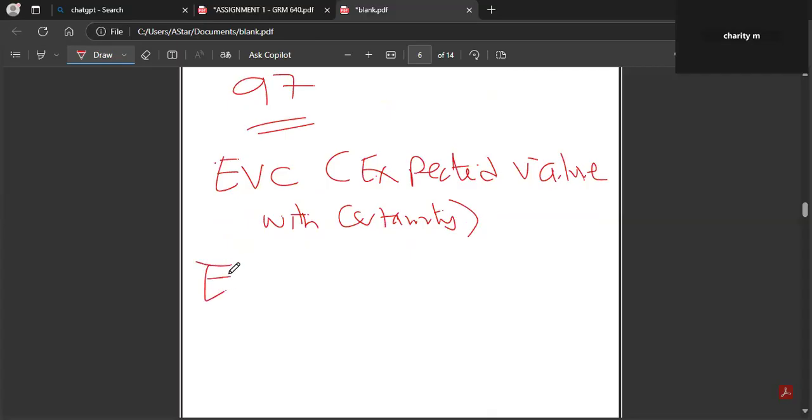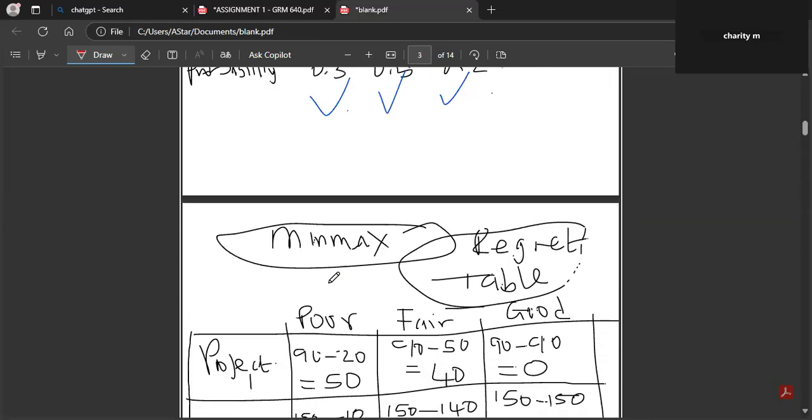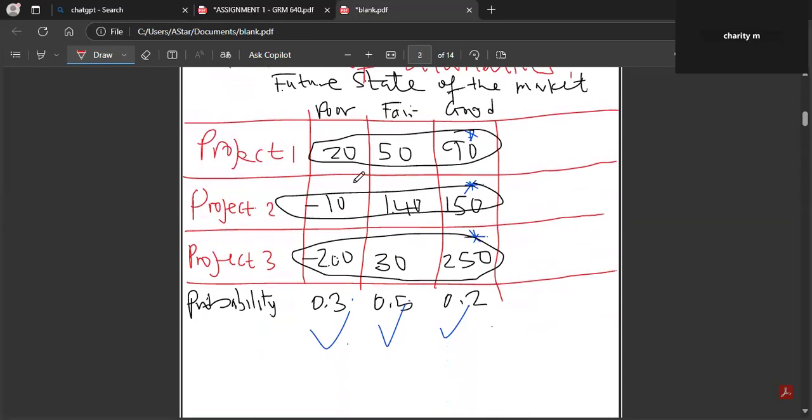So expected value with certainty is equal to, you come to the table here, this same one. In each column, regardless of which project, which one is the highest possible value? In the first it is 20, and that is multiplied by 0.3. Then the largest in the other one is 140, multiplied by 0.5. Plus the other one will be 250 on 0.2.